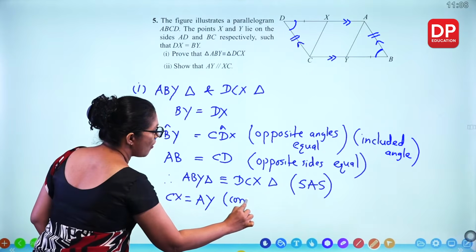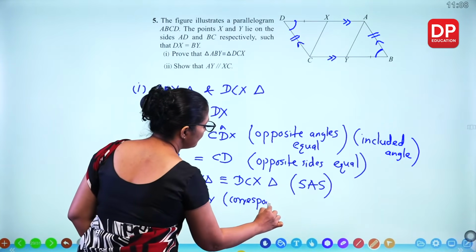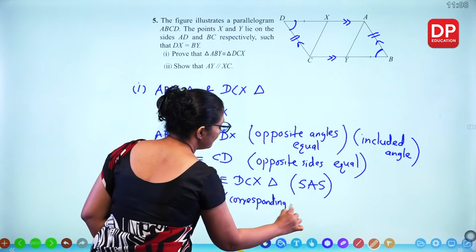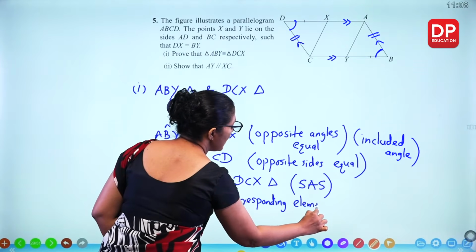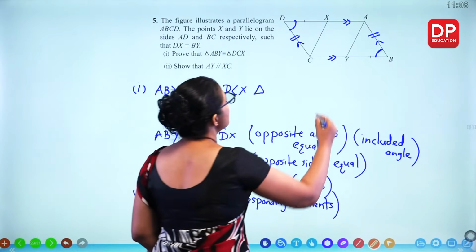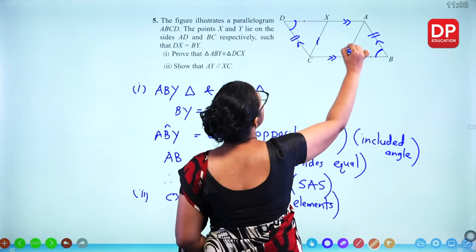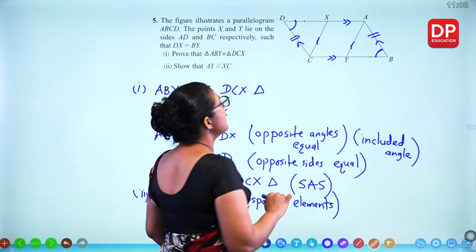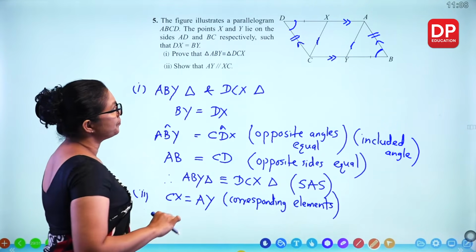That's corresponding elements. So this length is equal to this length.